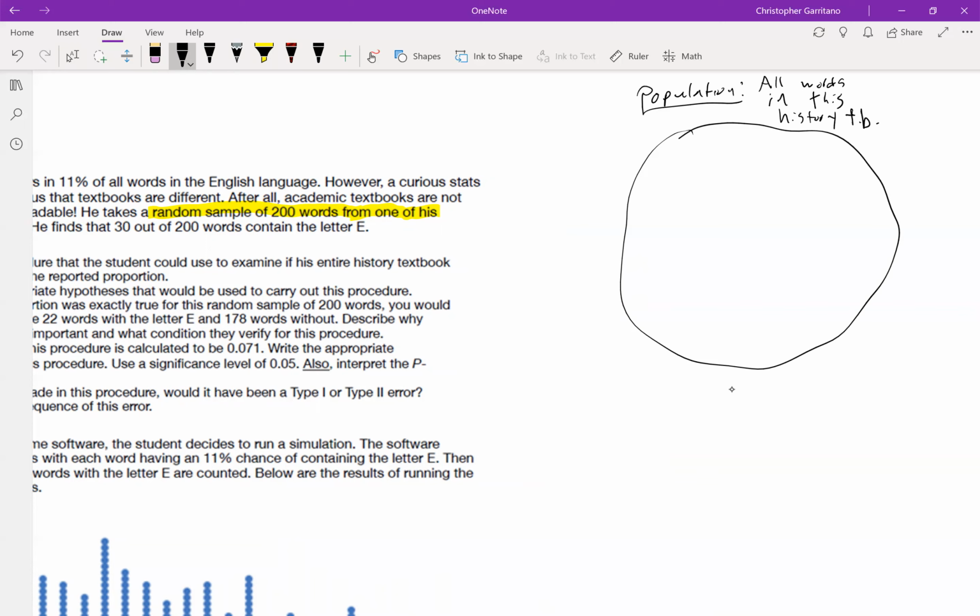And so within this history textbook, there lives, let's say, a whole bunch of words like "the," words like, this is a history textbook, so probably the word "war," or the word "couch." Oops, that's CH.